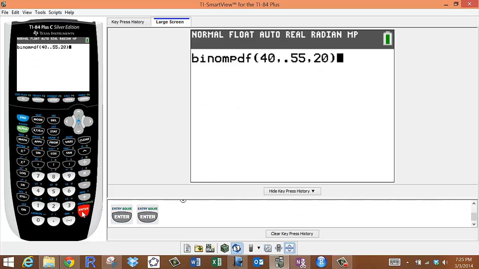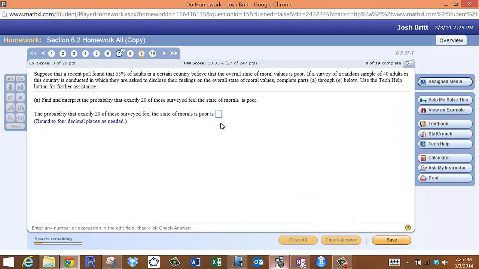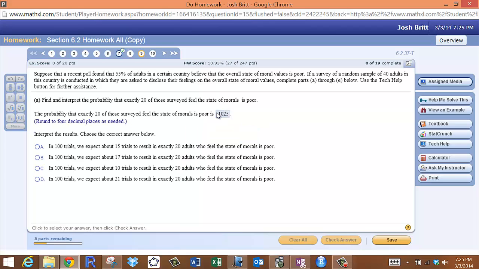We get 0.1025, and then in 100 trials, we would expect about 10.